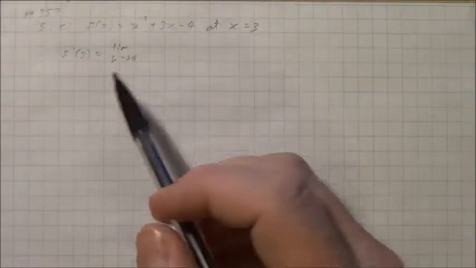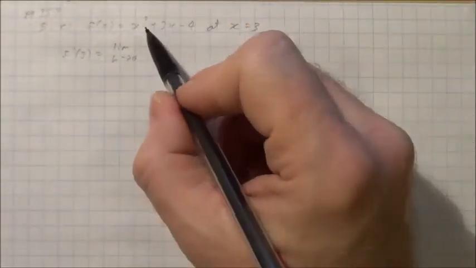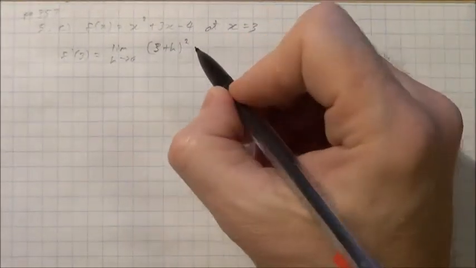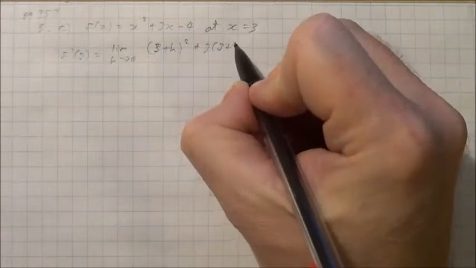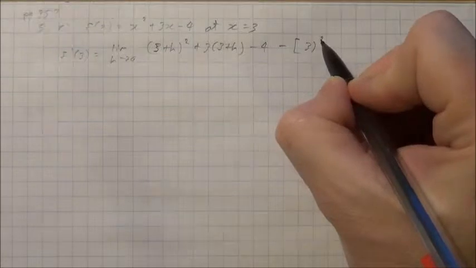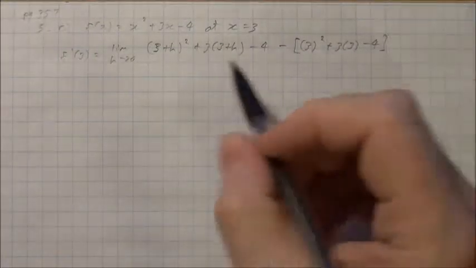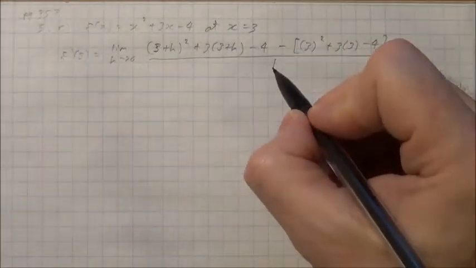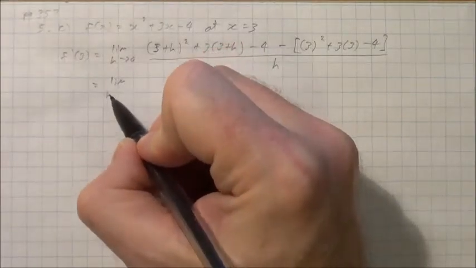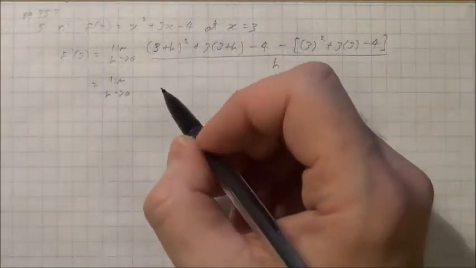So we follow the same process. f prime of 3 is the limit, and then I'll substitute in 3 plus h for x, and square that, plus 3 times 3 plus h, minus 4, minus 3 squared plus 3 times 3 minus 4, all over h. So that's the limit of all that as h approaches 0, of course.